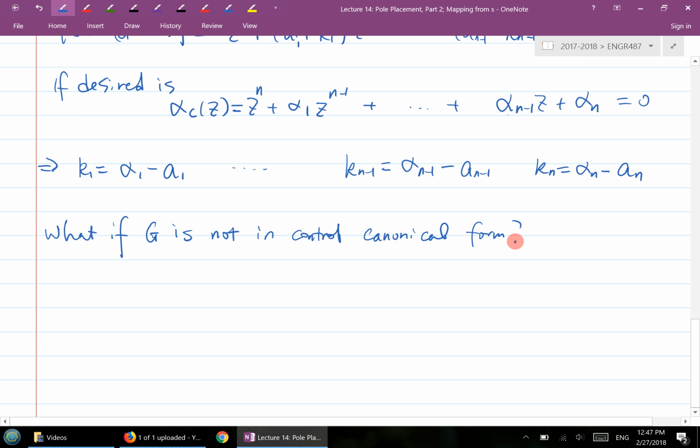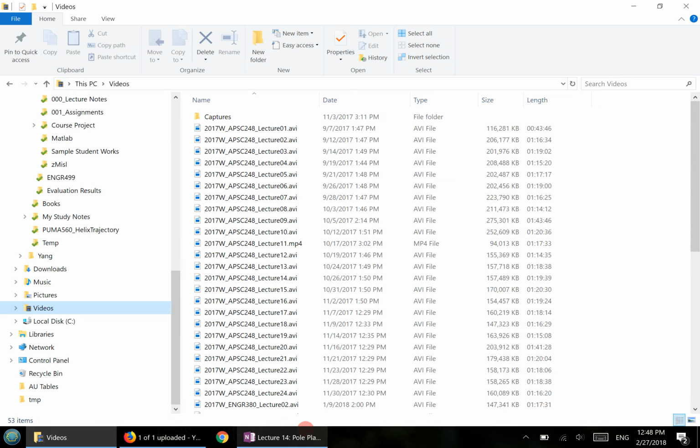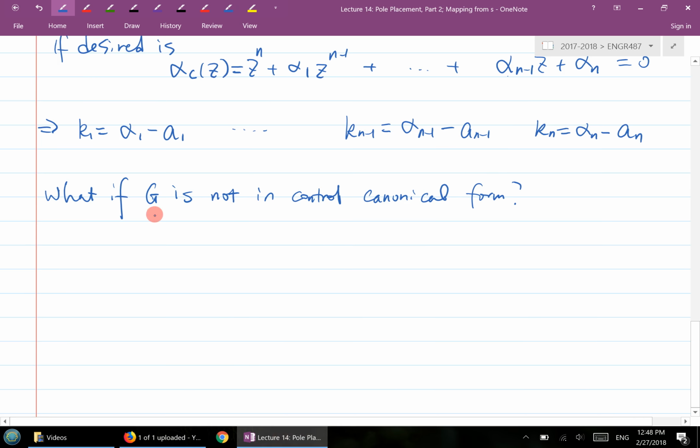That's very common, because in many examples that we see, especially when you pick position and velocity for second order, the end result is not a control canonical form. So what do we do in this case? Transform. Exactly, excellent. We learned similarity transformation. We can always use similarity transformation to transform the current G into the control canonical form.